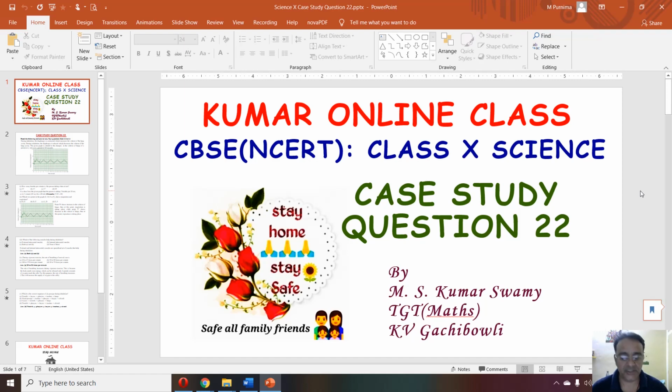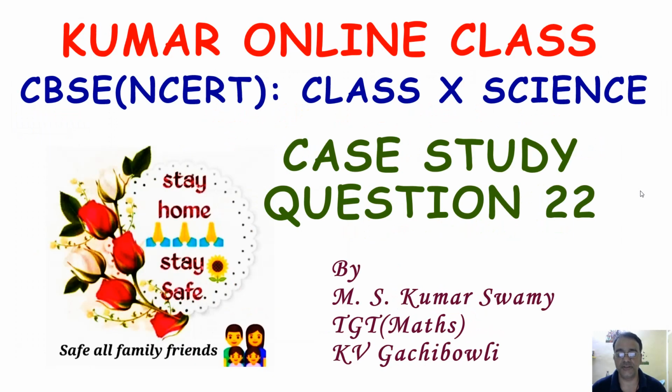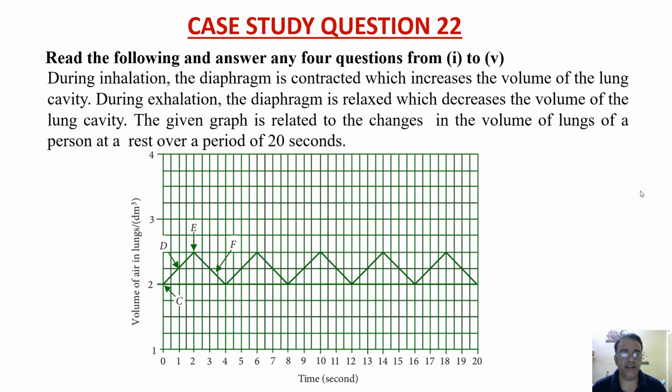So now we are going to start case study question number 22, and this case study question is based on the life process chapter. Okay, so during inhalation the diaphragm is contracted, which increases the volume of the lungs cavity.